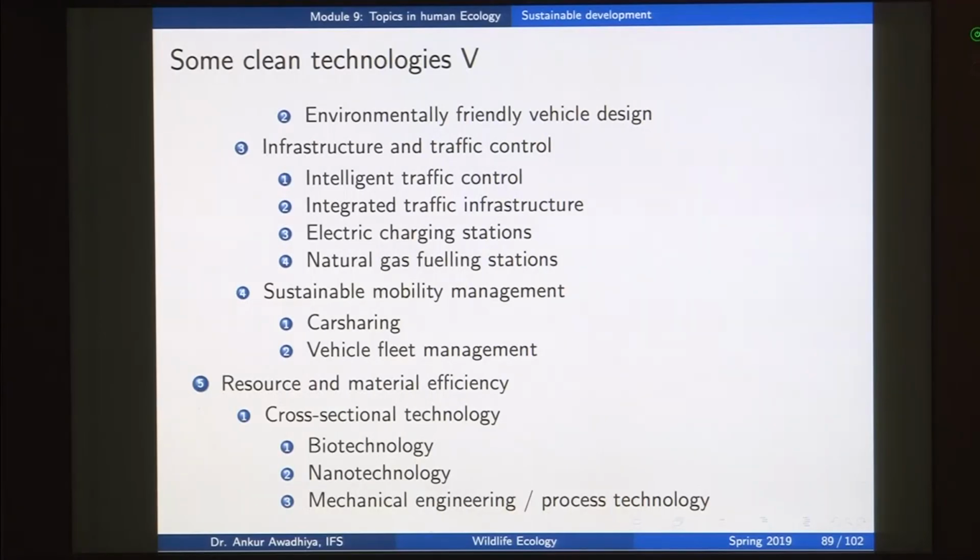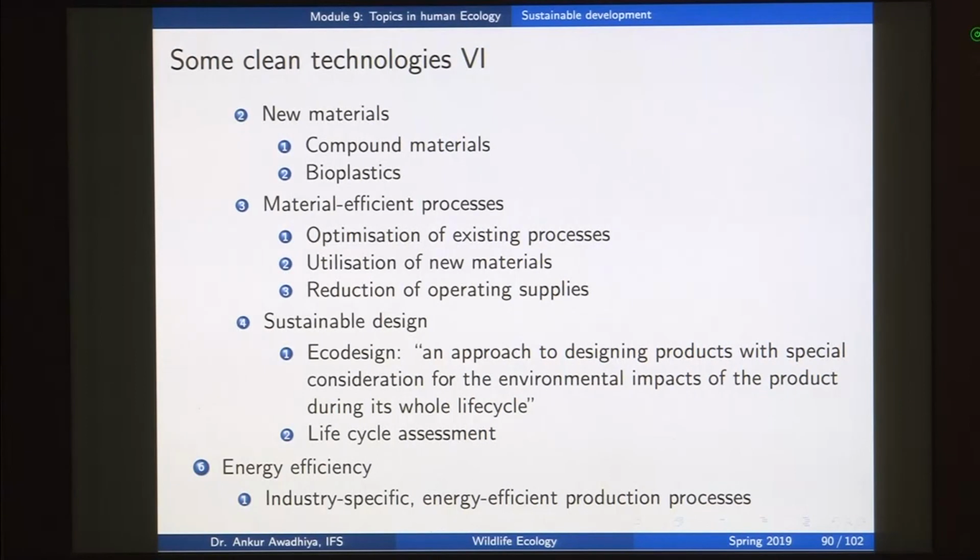Or we talk about infrastructure and traffic control, sustainable mobility management, carpooling, car sharing, vehicle fleet management, or things like resource and material efficiency, cross-sectional technology that is being used for different environmental applications, or new materials like compound materials or bioplastics. Can they replace something that is already degrading the environment?